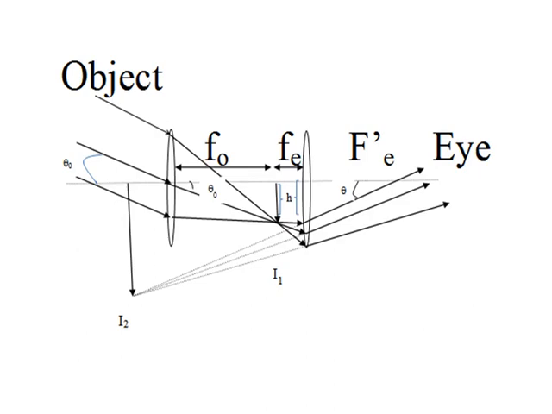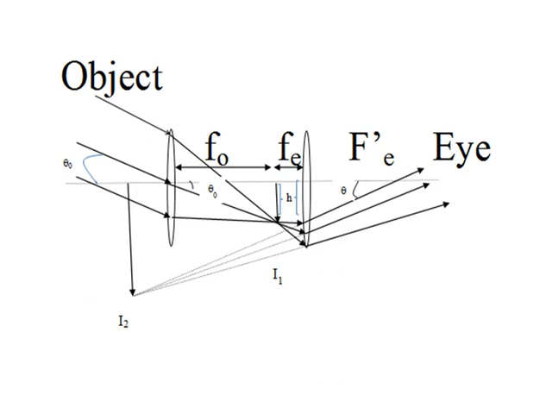The angle subtended by the object at the objective lens is theta naught. From the triangle inside the lenses, tan theta naught is equal to h over f naught. The angle subtended by the final image at the focal point of the second lens is theta.